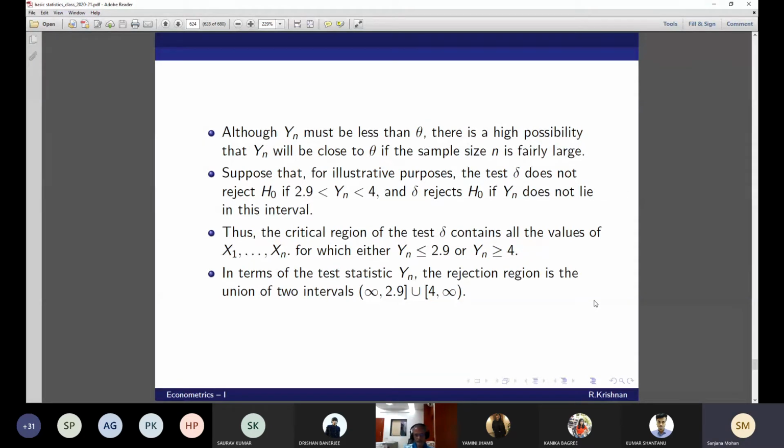So in the last point, we have included 2.9 in the rejection region. Where? In the last bullet point? No, wait a minute, I'm in the third bullet point. The critical region of the test delta contains all the values of x1 for which either Yn is less than or equal to 2.9, this is the tradition, or Yn is greater than or equal to 4.